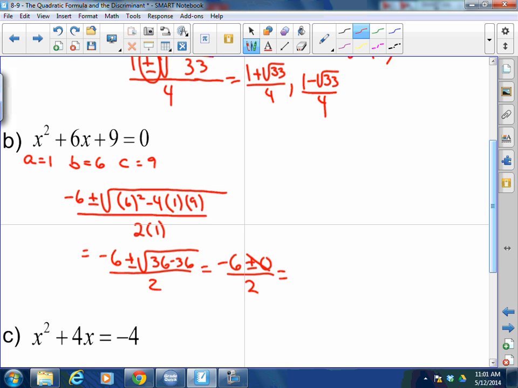So my answer is x equals -3. In this particular case, you have one solution. One solution. Does that make sense, gentlemen?